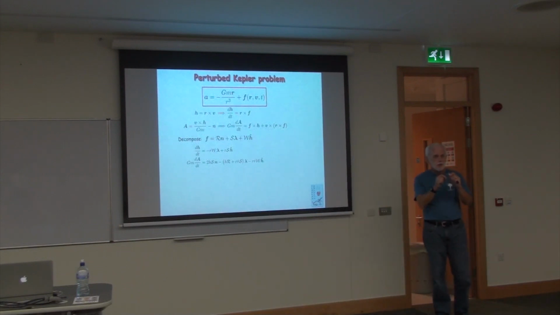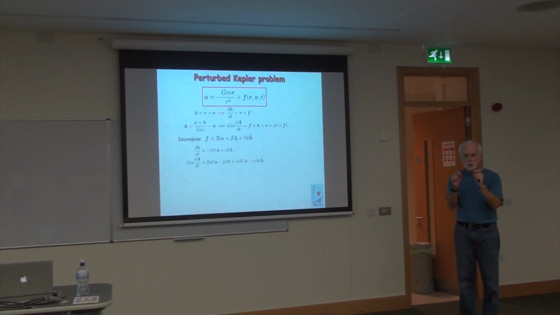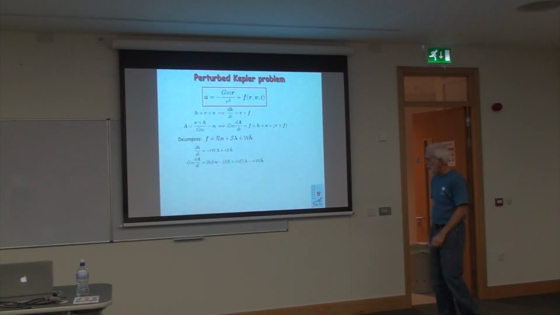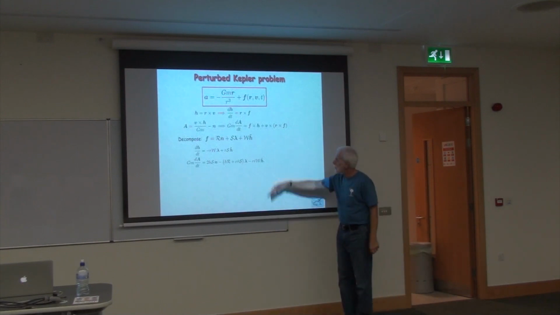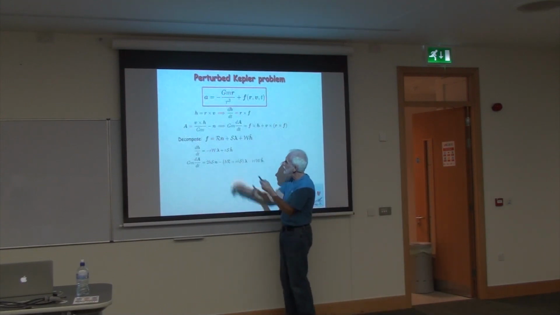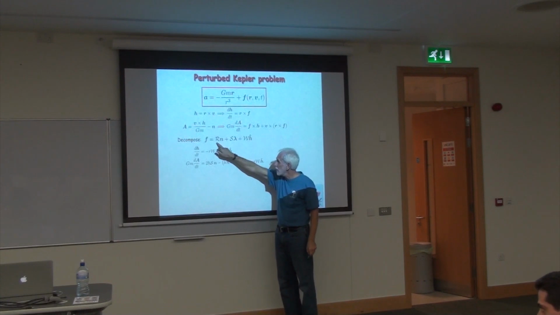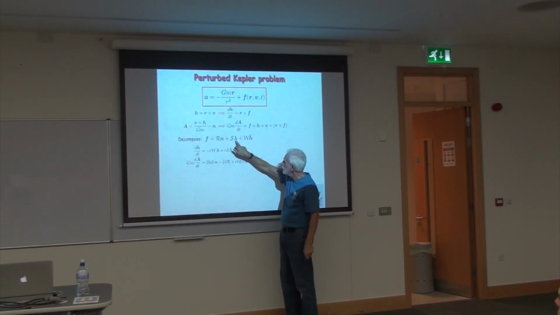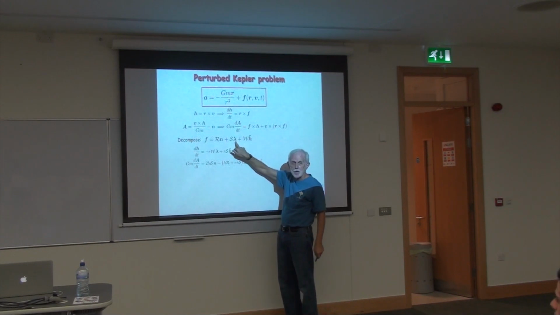So let me give one example of calculating how one orbital element changes with time, and then I'll just list all of the equations for all the orbital elements. The key, of course, is to take this f and decompose it into a radial direction with a component along n, an in-track component.